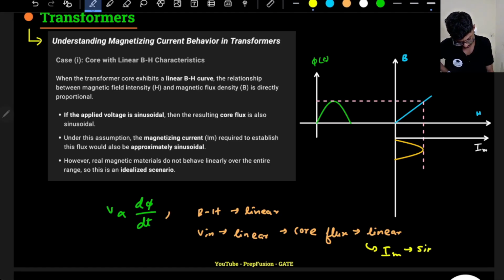It will be purely sinusoidal, a pure sine.